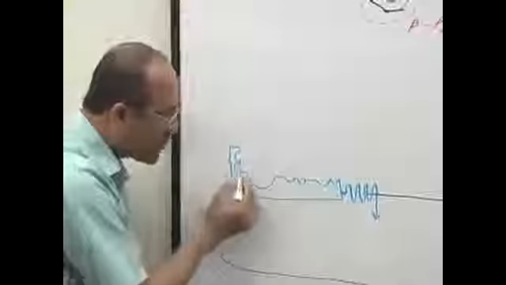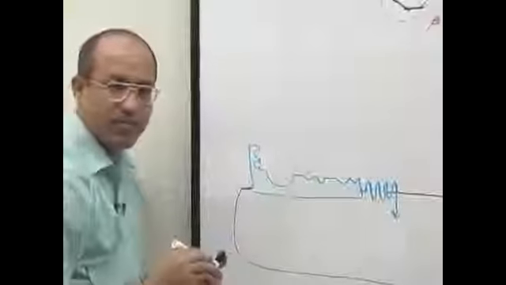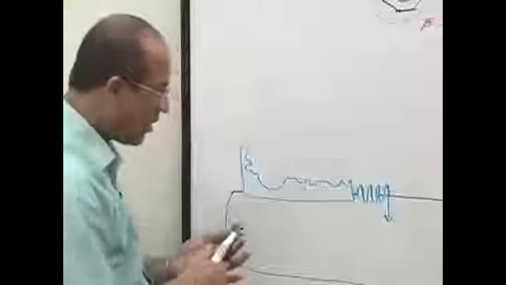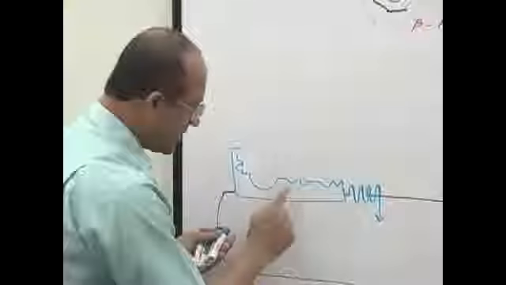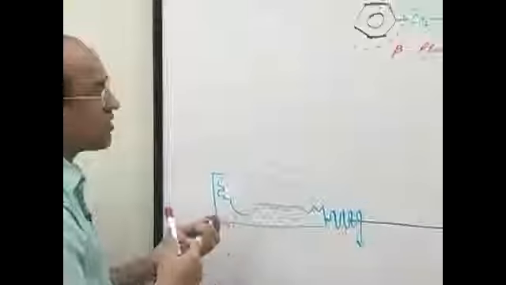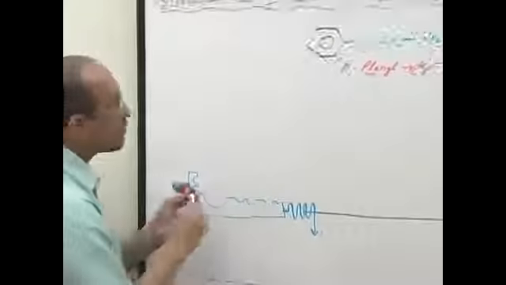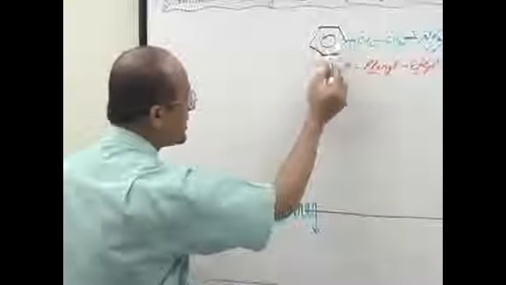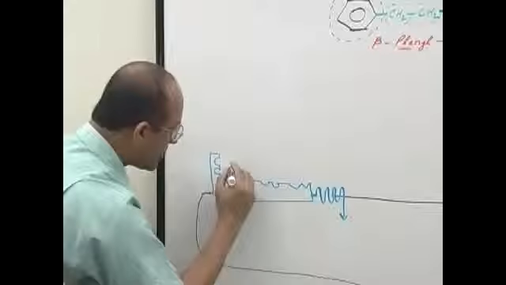Now this is the point where the drug is binding. How does this drug fit into this structure? Basically, this component of the drug, this benzene ring, is fitting over here.